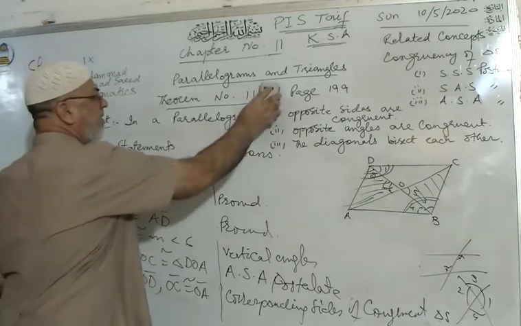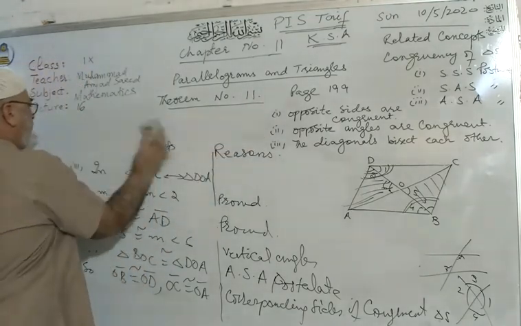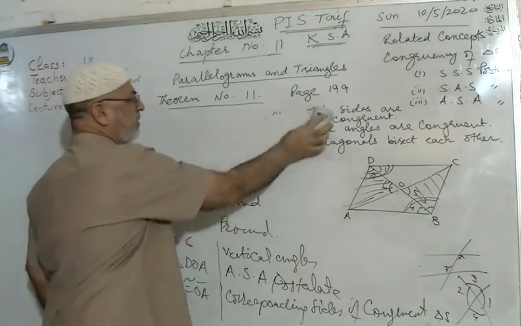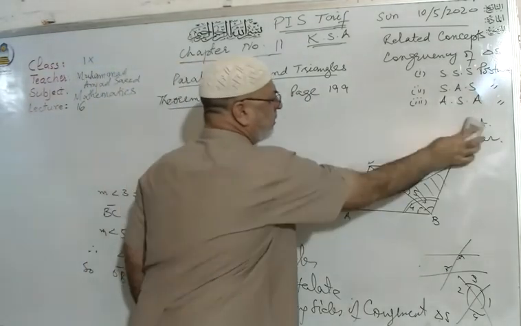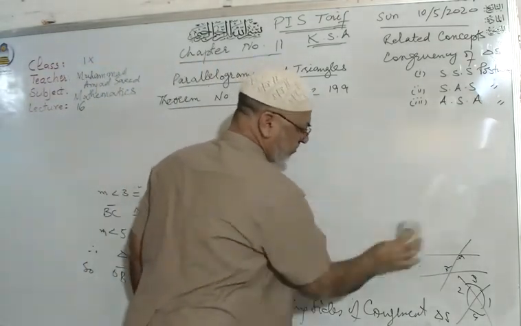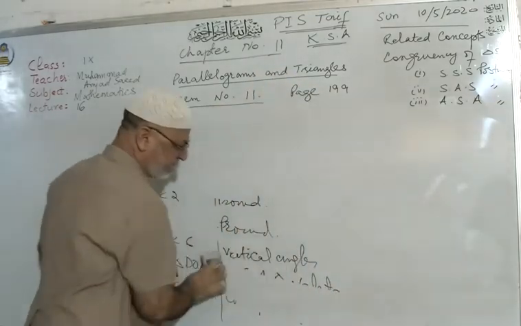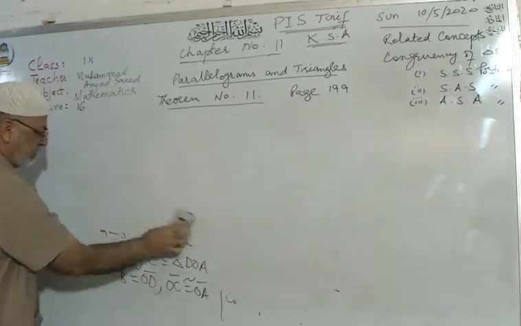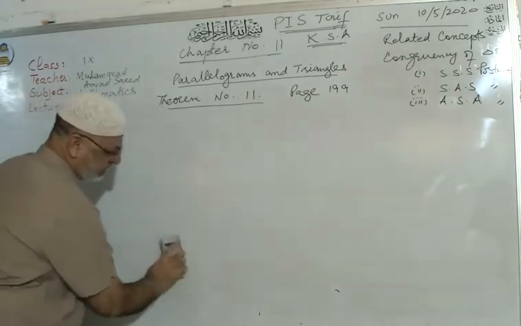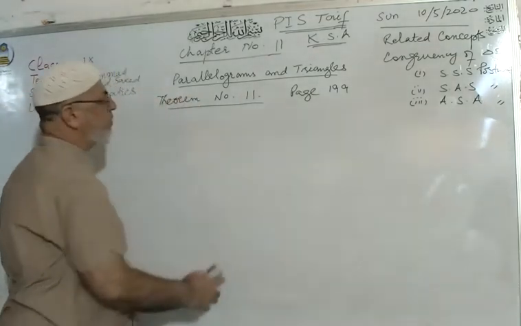After that, we have a very short theorem, theorem number 2, similar to that. I hope that you have a better idea about theorem number 1 and we will use this theorem.